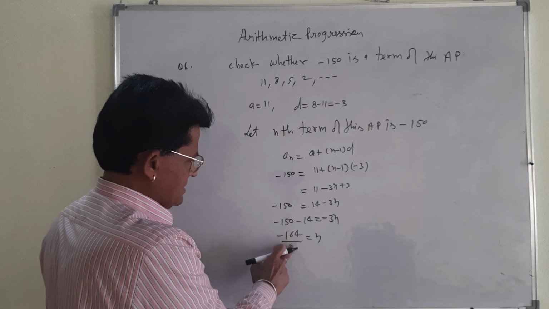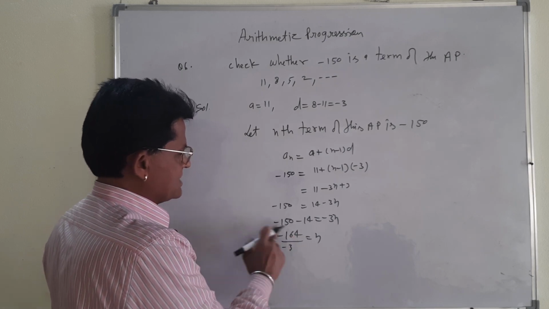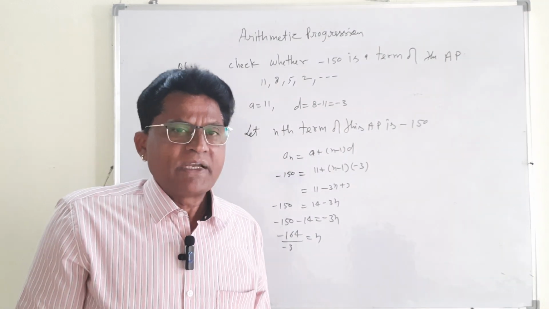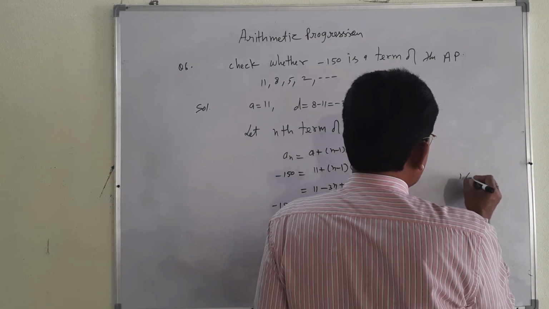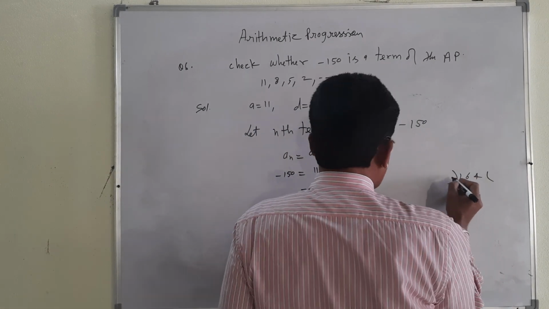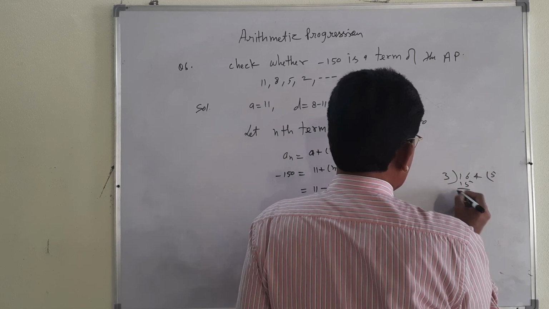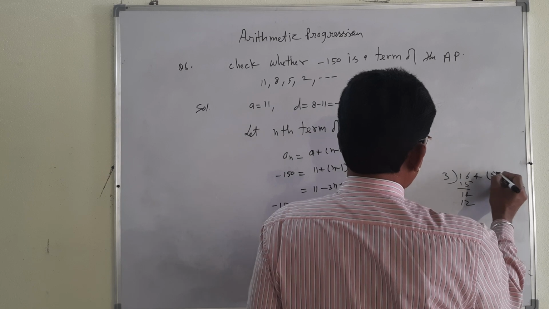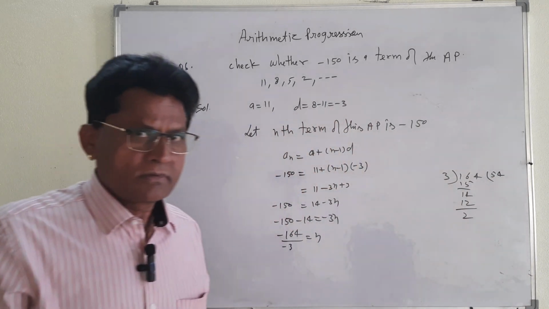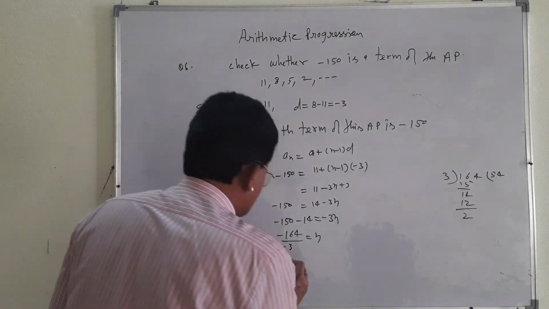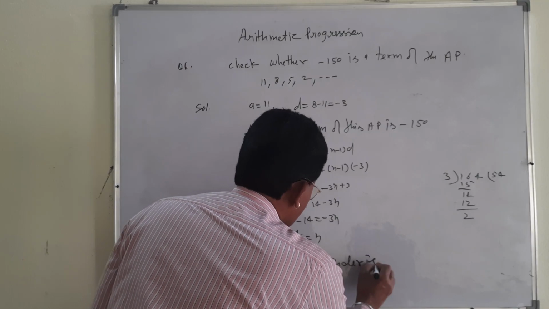You can check. 164 divided by 3: 3 times 5 are 15, next is 14, and 14 will not be divisible. 3 times 4 will be 12. And what is the remainder? The remainder is 2. When you divide this by this, the remainder is 2.